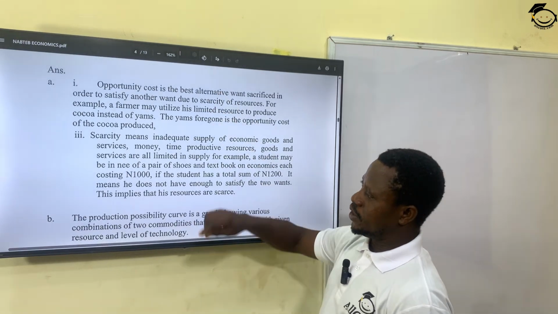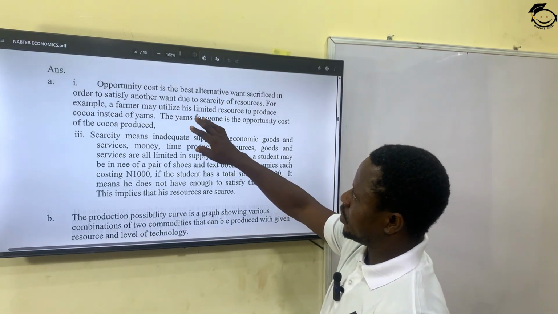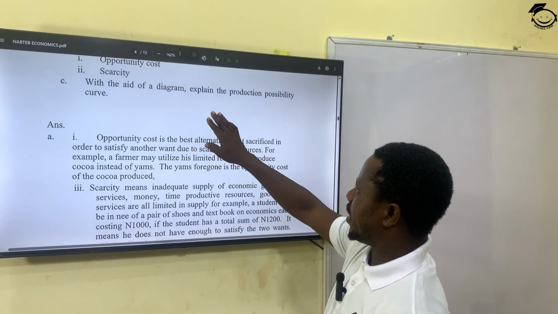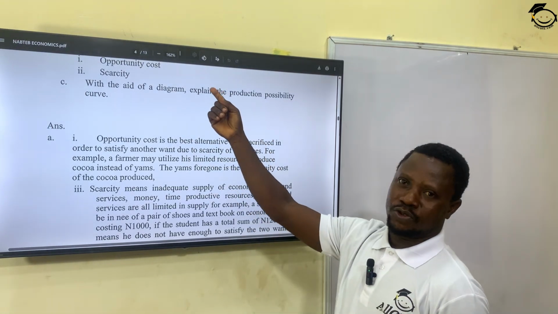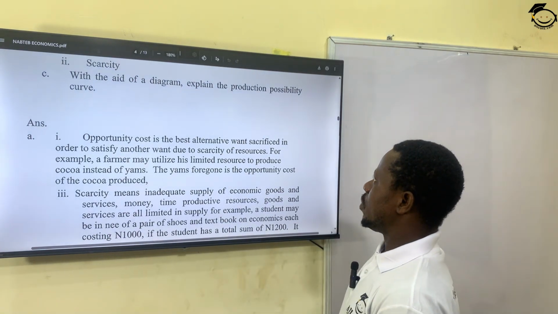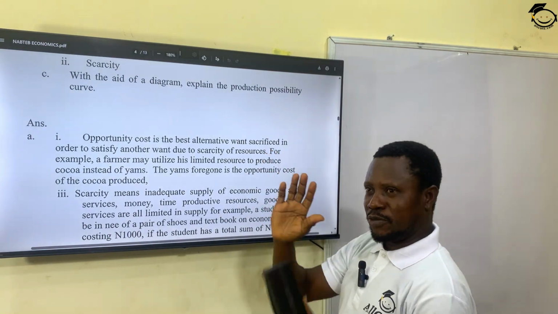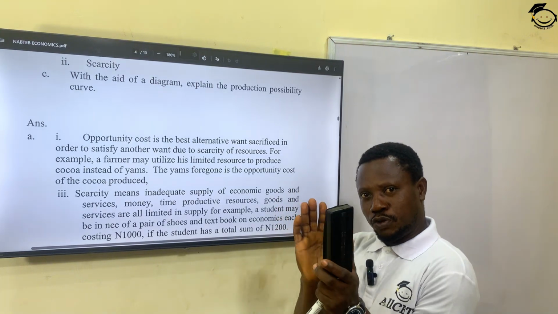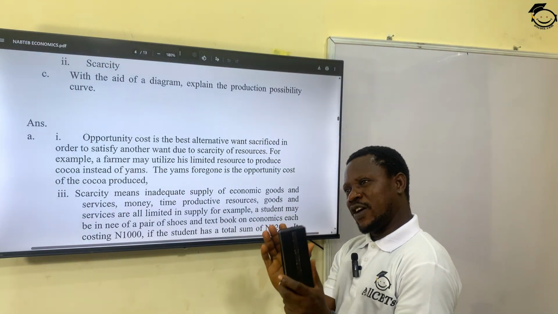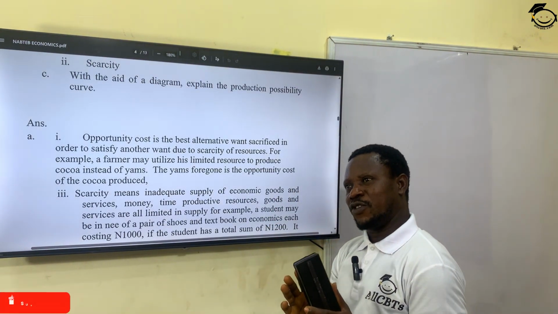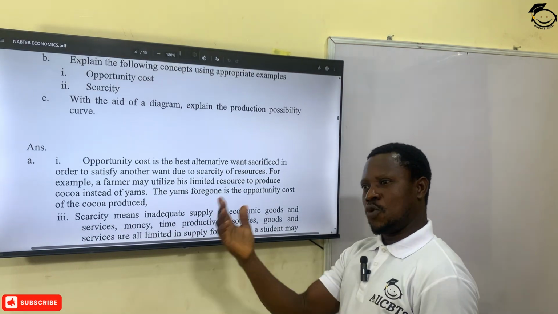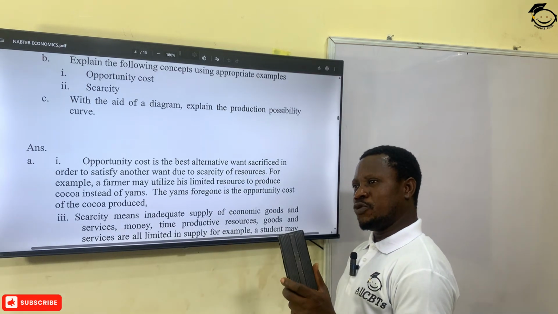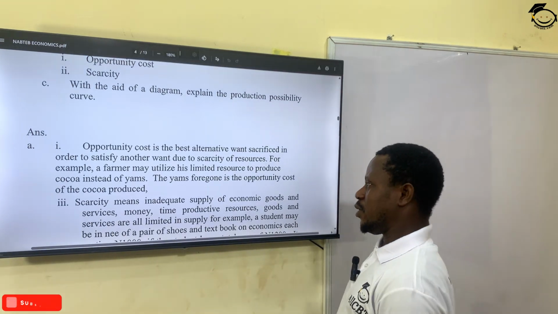If we look up the question, it asks us, with the aid of a diagram, to explain the PPC. I mentioned this when I was introducing the question earlier, that when we say PPC, production possibility curve, that means you have two products to be produced. But based on the available resources, you cannot afford to produce two of them, maybe at a larger quantity. You have to produce one or leave the other, or produce more of one and less of the other.